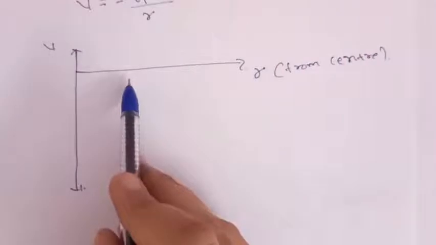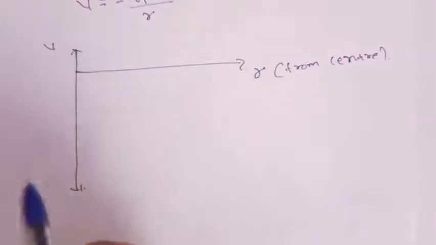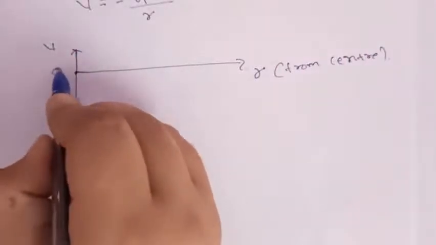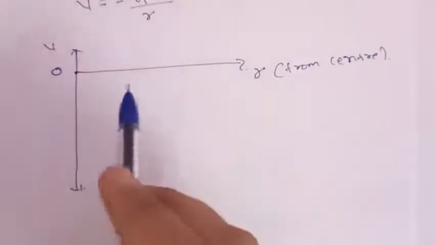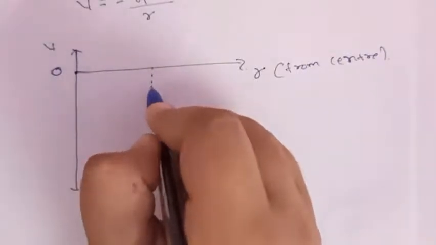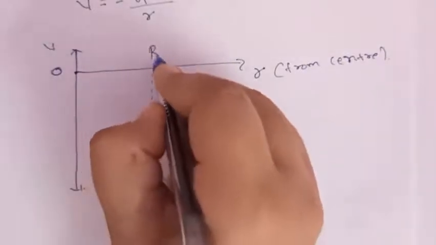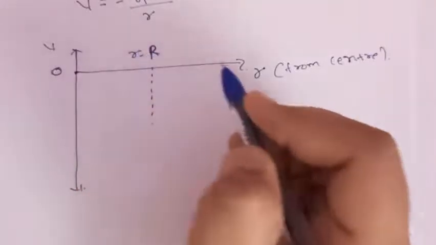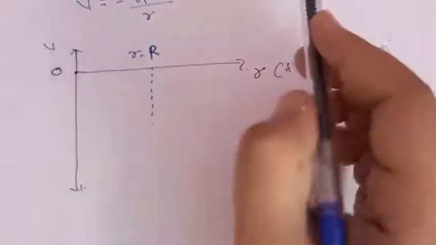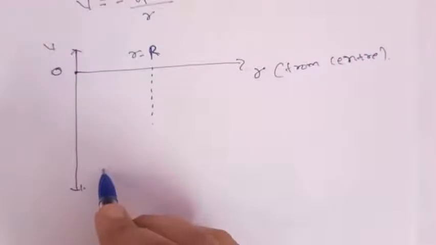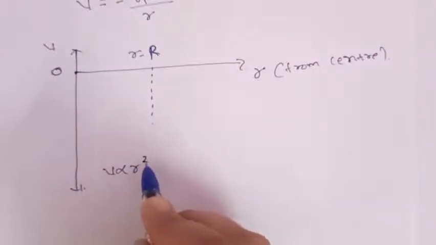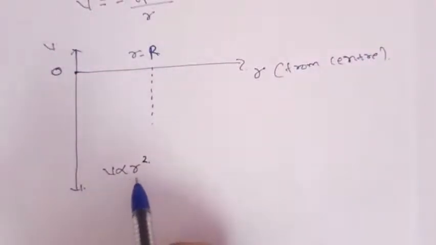The potential is negative, so the graph will be negative. This is the center C. For the inner part, that means up to distance r equal to capital R, that is the radius, V is directly proportional to r square. If V is directly proportional to r square, then the graph will be parabolic.